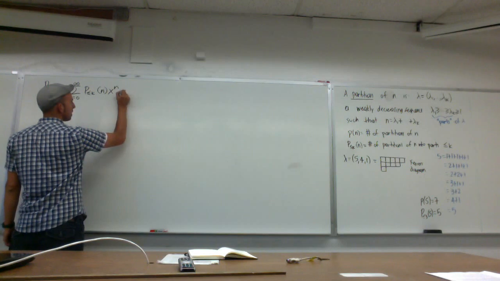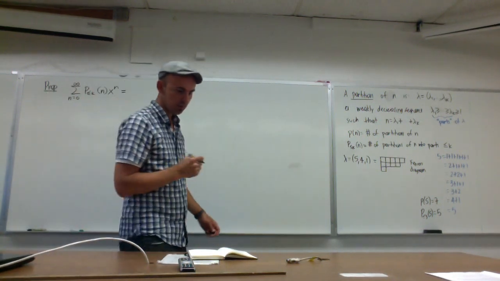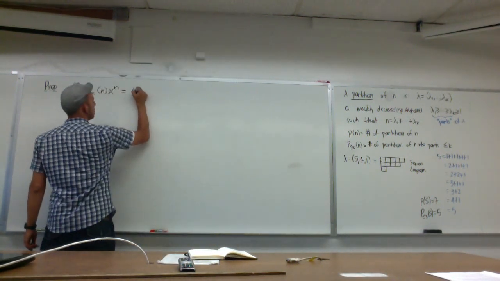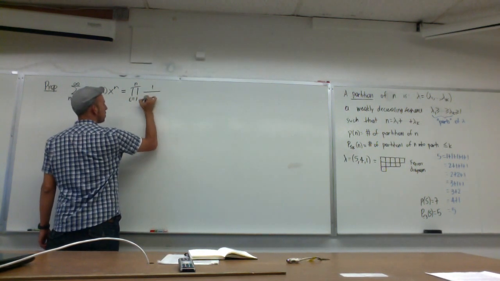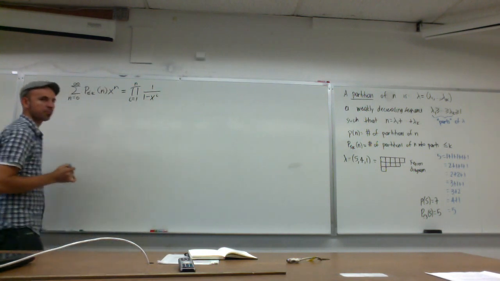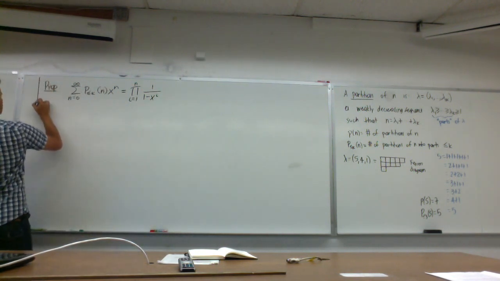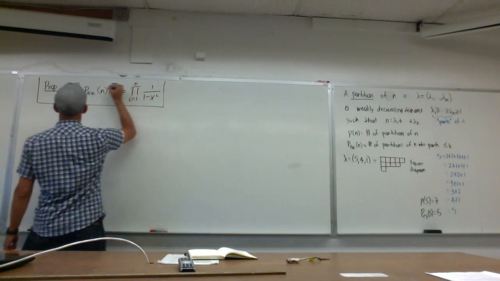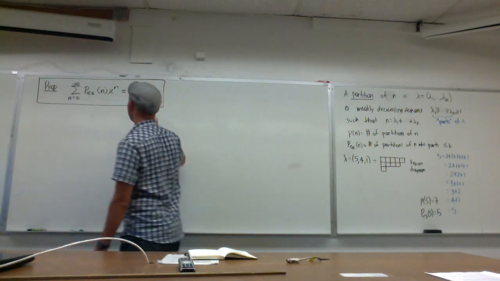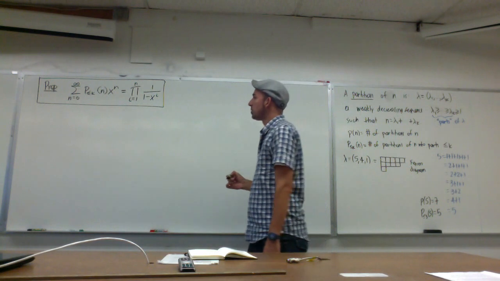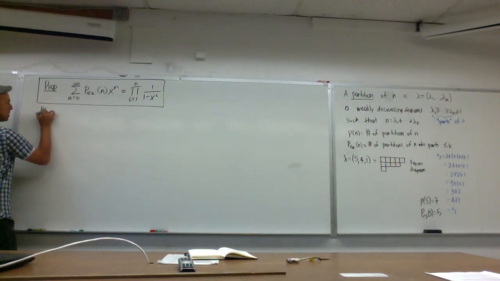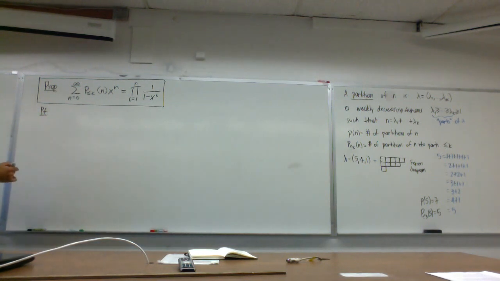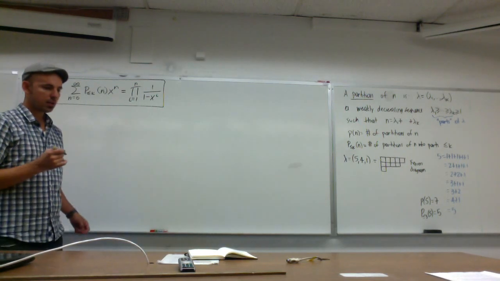And so what we're going to find is that the generating function for this is given by the product from i equals 1 to n of 1 over 1 minus x to the n. So here's the proof.